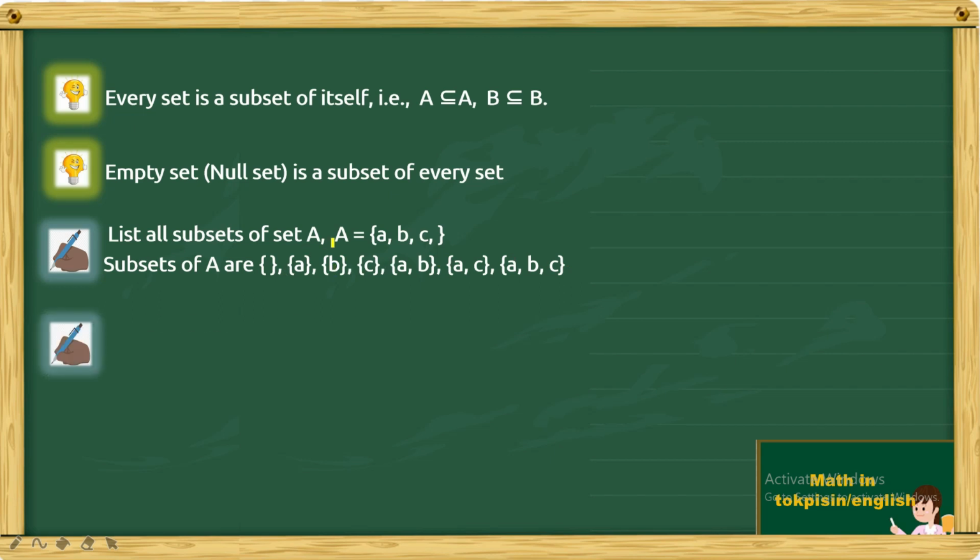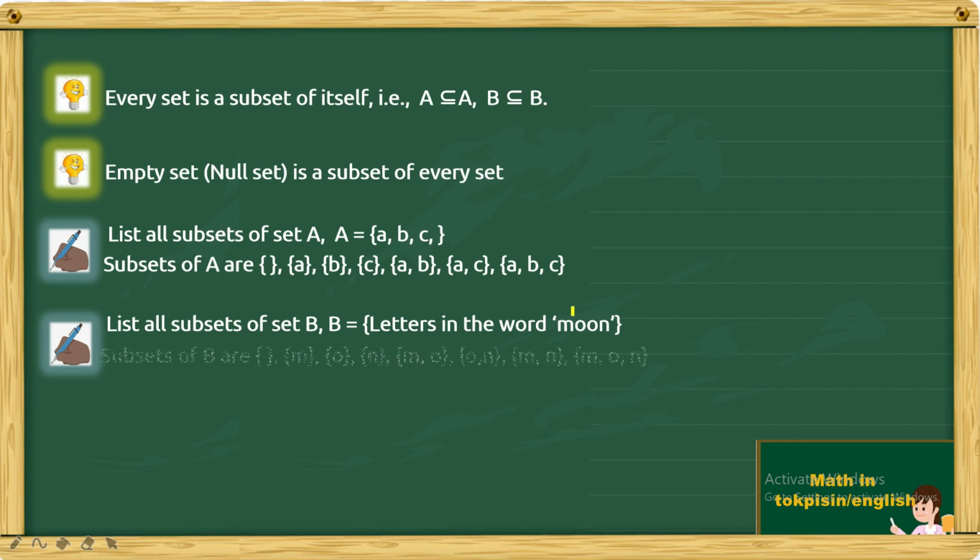Let's look at another example. We have set B. Now list all the subsets of set B. Set B is equal to the set of letters in the word moon. Now, moon has two letter O's, but when we list the elements of set B, we only need to list letter O once.